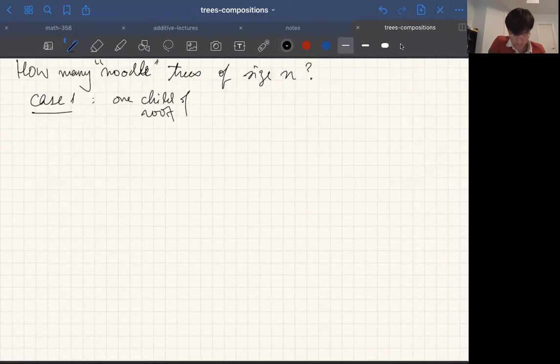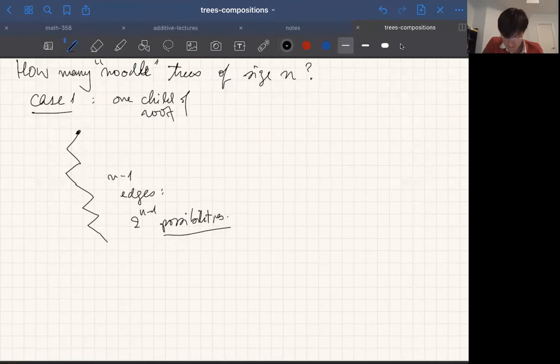If there's 1 child of the root, then there are n minus 1 edges, and they can go left or right, all of them. So it kind of looks like this. So n minus 1 edges, so 2 to the n minus 1. I can't write today. 2 to the n minus 1 possibilities.